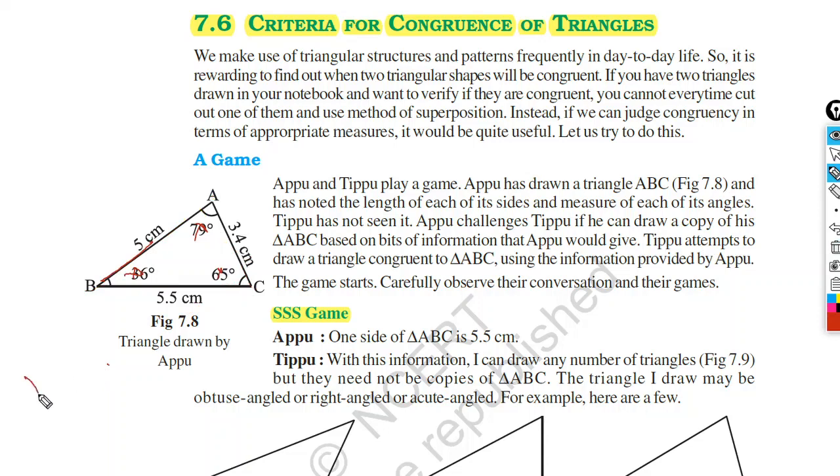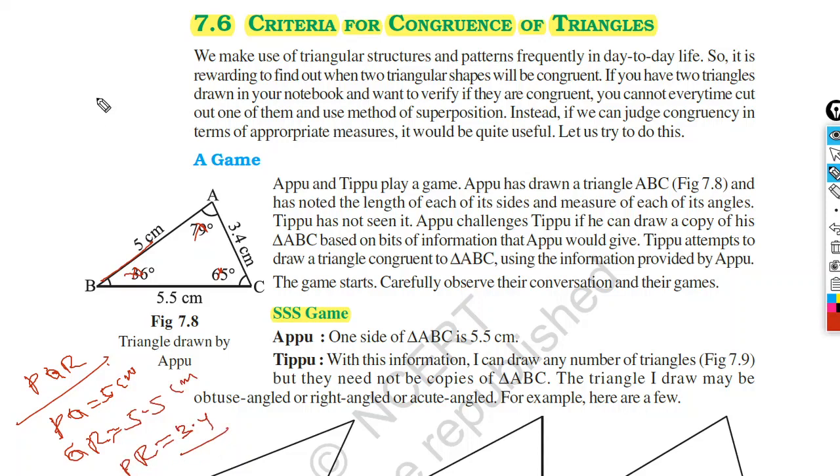Now another triangle, suppose you have to draw PQR, where PQ is the same 5 cm, QR equal to 5.5 cm and PR is equal to 3.4 cm, and you are asked to draw two triangles. So we have already drawn triangle ABC and you have to draw triangle PQR also.